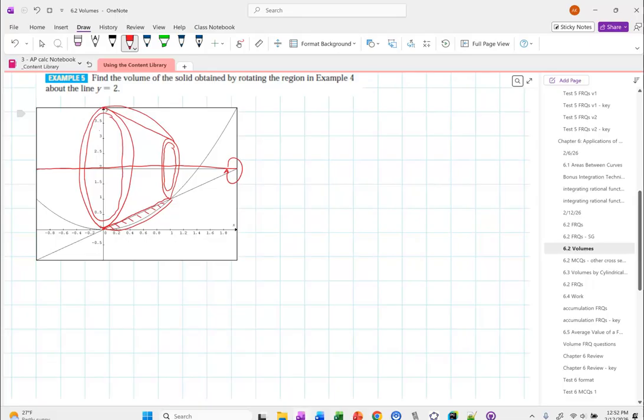Once you have the feel for it, the three-dimensional picture doesn't matter that much, but early on, it really helps to be able to visualize what it is you're trying to find the volume of, because identifying whether you should be using a disc or a washer or some of the other methods that we'll look at later on, that really helps. And then to be able to figure out what the inner and outer radiuses are really makes a big difference if you're able to visualize this.